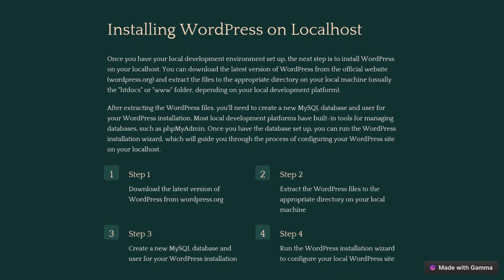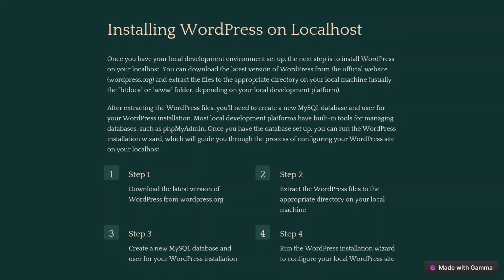After extracting the WordPress files, we need to create a new MySQL database for the WordPress installation. We have to create a user and database over there. Local development platforms have built-in tools for managing databases, that is phpMyAdmin, which is installed by default. We have selected to install that one.